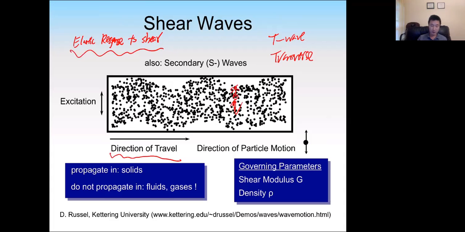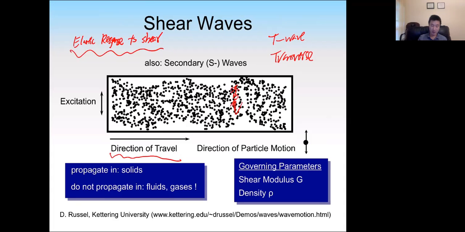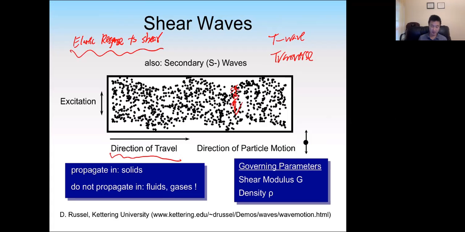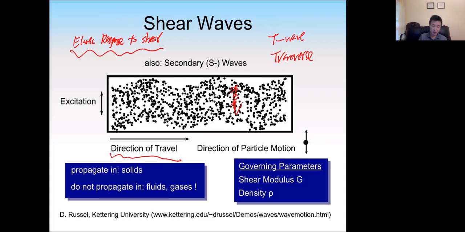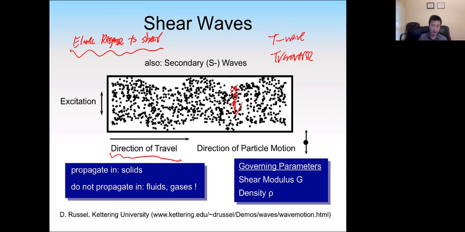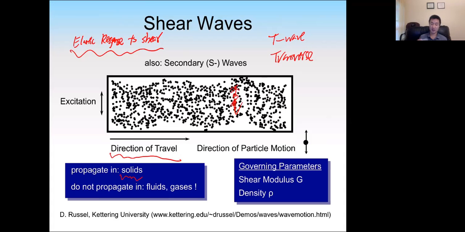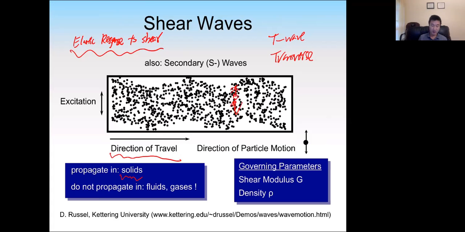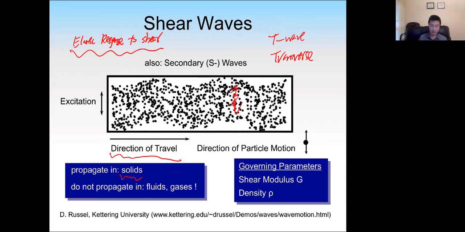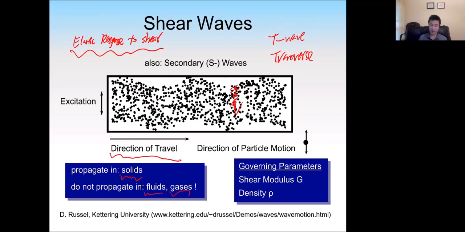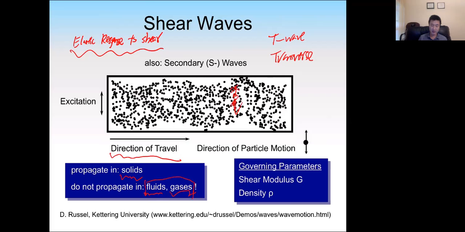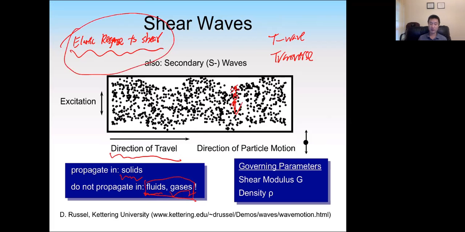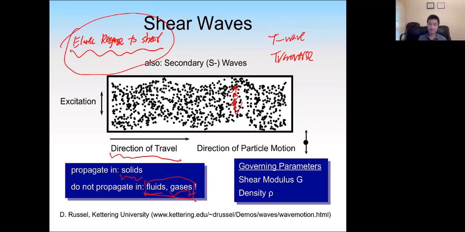The materials need to be able to have an elastic response to shear so shear wave can propagate in that medium. Okay. As a result, shear wave can only propagate in solid, such as concrete or soil, but it cannot propagate in liquid and gases because liquid and gases cannot provide elastic response to shear.